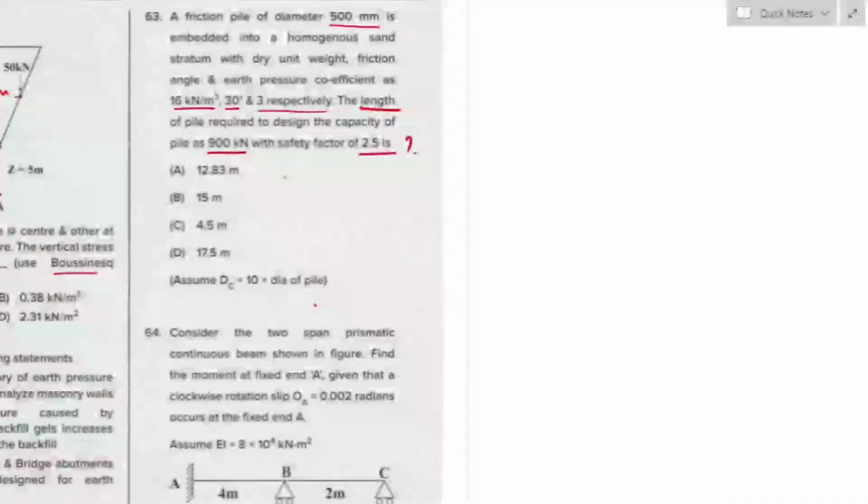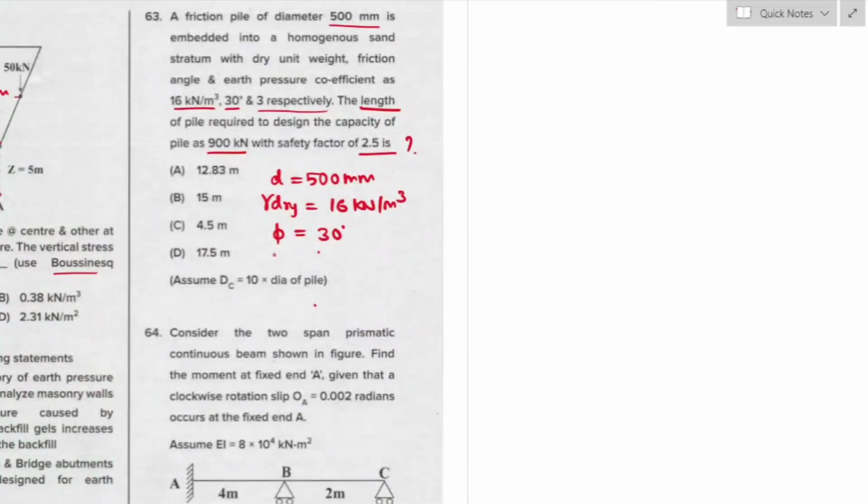So let's write down the given data. Dia of the friction pile is 500 mm. Dry unit weight is 16 kN per meter cube. Friction angle is 30 degree. Coefficient of earth pressure is 3. Factor of safety is 2.5.